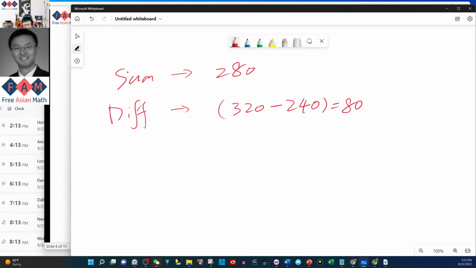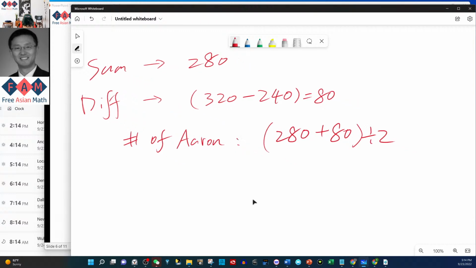So after figuring this out, we know Alex's number would be the smaller one and Aaron's number would be the larger one. So the number of Aaron, just to make sure we understand what we are doing, is 280 plus 80 divided by 2.